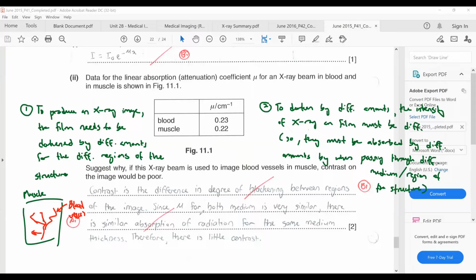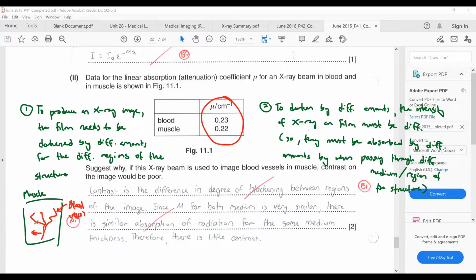So how do you know whether the medium has absorbed very different amounts or exactly the same amount? You have to refer to this one. Since the mu for both medium is very similar, there is similar absorption of radiation for the same medium thickness. Therefore, there will be little contrast.